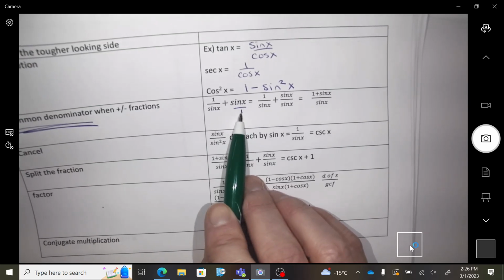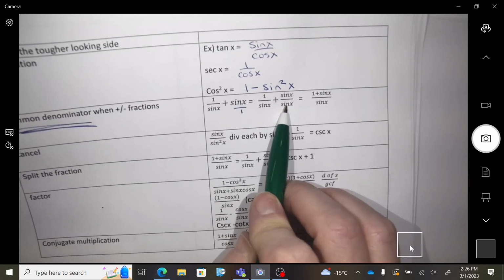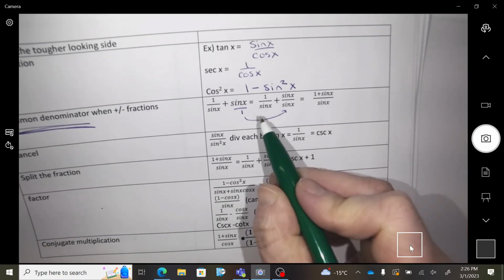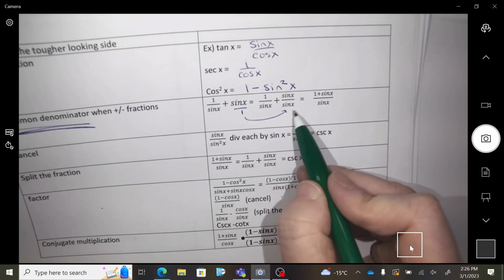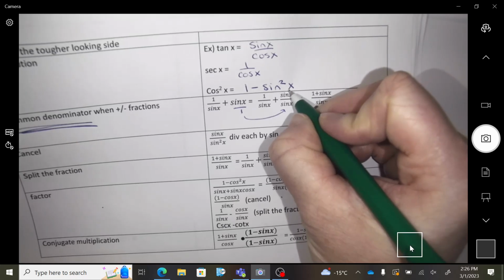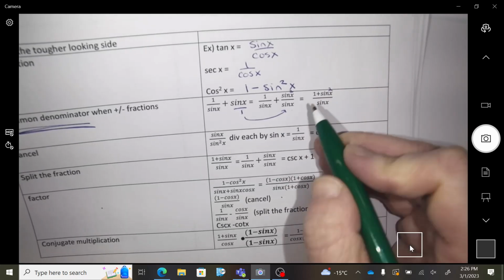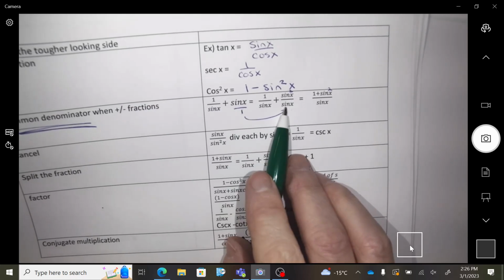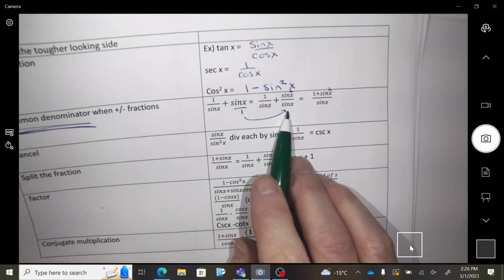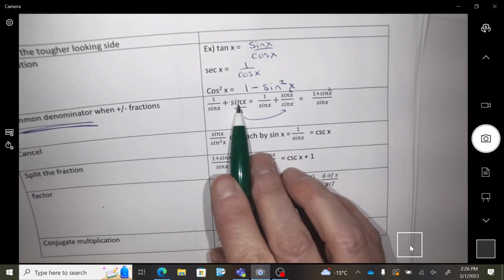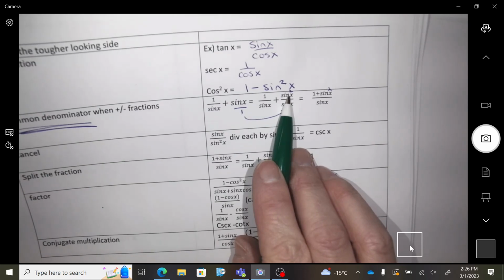So to change this to sine x, what did I do here? I times that by sine x, which means this would become sine squared on the top. Do you see that? Because if I times this by sine x, I would have to also times this by sine x.